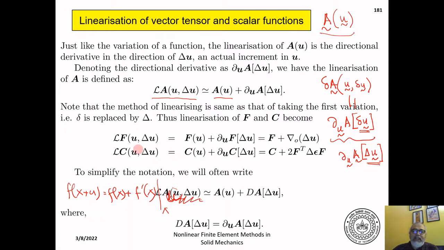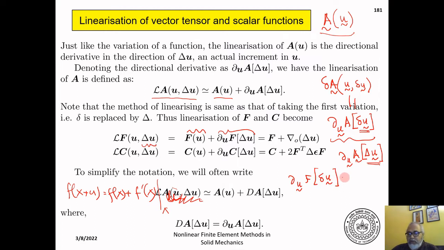So linearization of f at u in the direction of triangle u would be f at u plus the directional derivative of f with respect to u in the direction of delta u, which means that we already know del u f, the first variation of u.